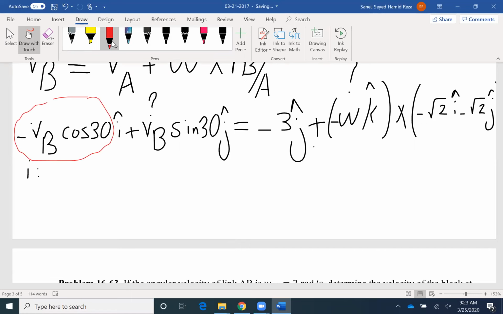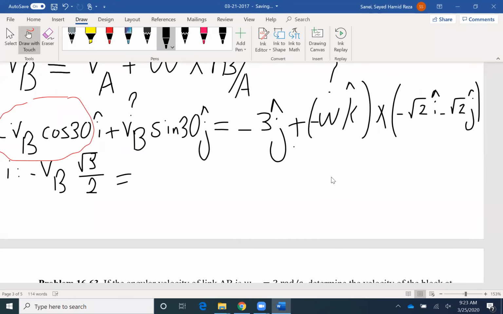So on the left side, I write negative VB cosine 30, or a square root of 3 over 2, equals, on the other side, this is the J component, I'm looking for the I component.